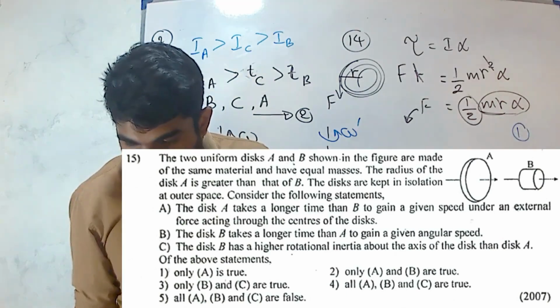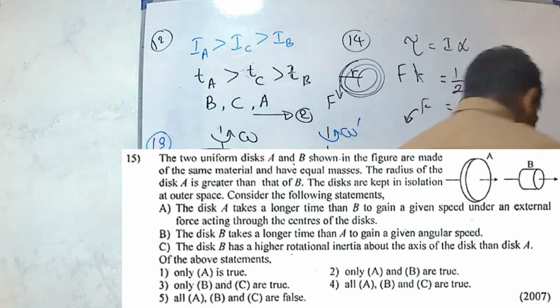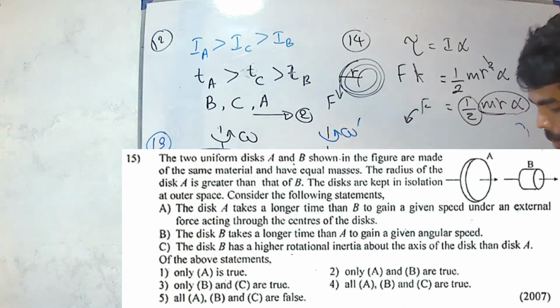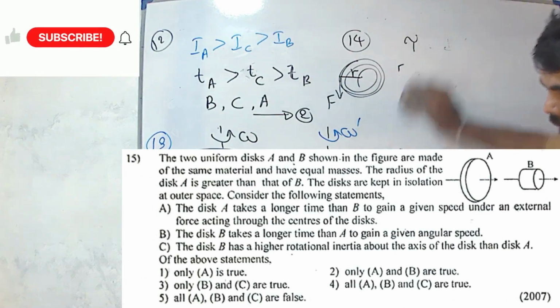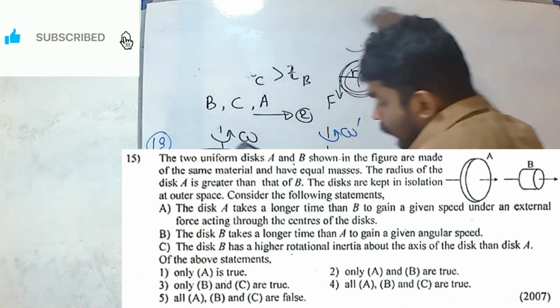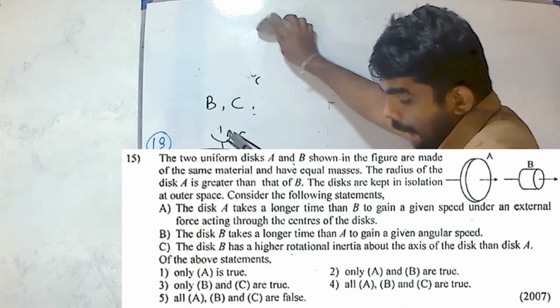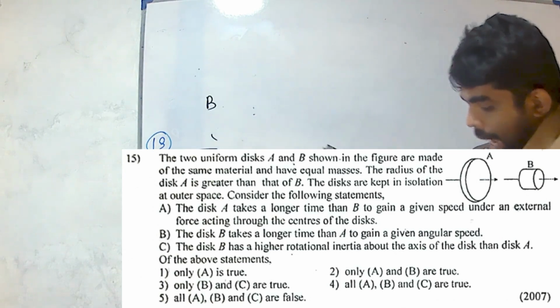Then question number 15. The two uniform discs A and B shown in the figure are made of the same material and have equal masses. The radius of disc A is greater than that of B. The discs are kept in isolation in outer space.